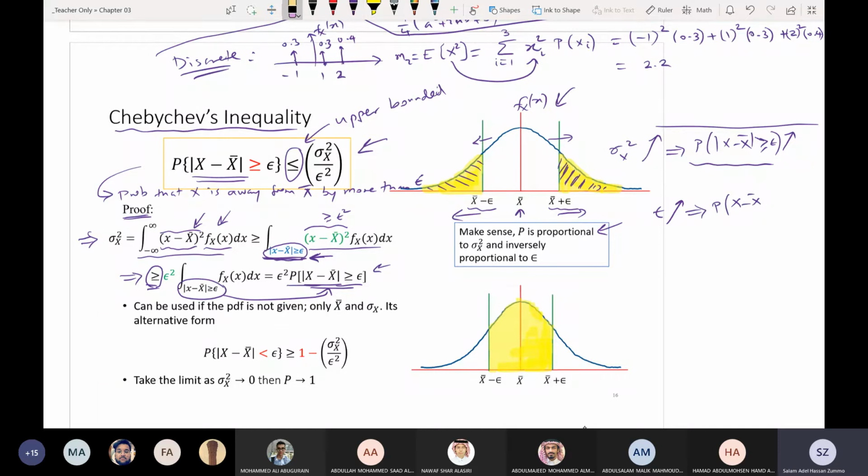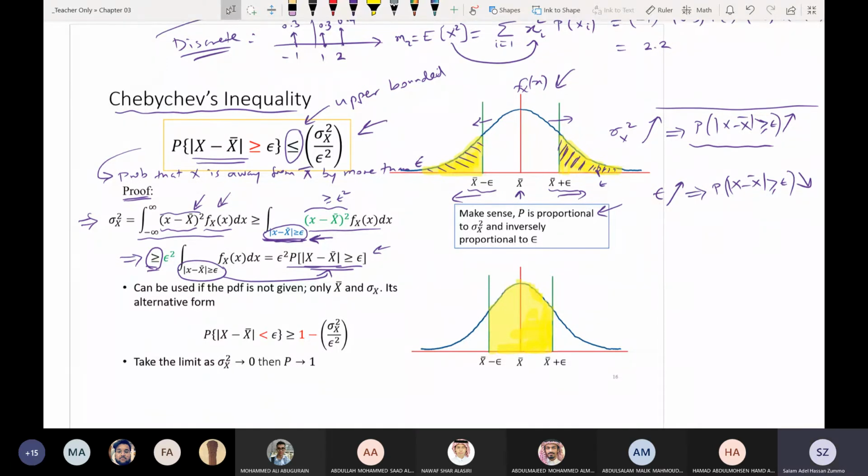Does it increase or decrease? It decreases. Why? Because as epsilon becomes larger, the probability becomes smaller. واضح يا شباب؟ So it's proportional to sigma squared, and inversely proportional to epsilon squared.